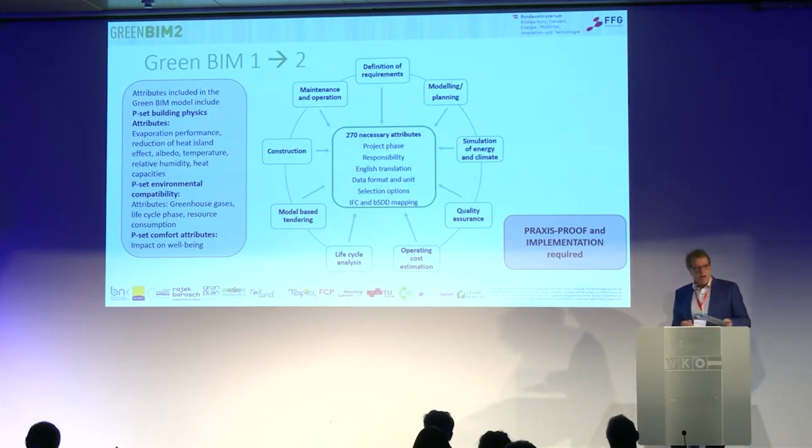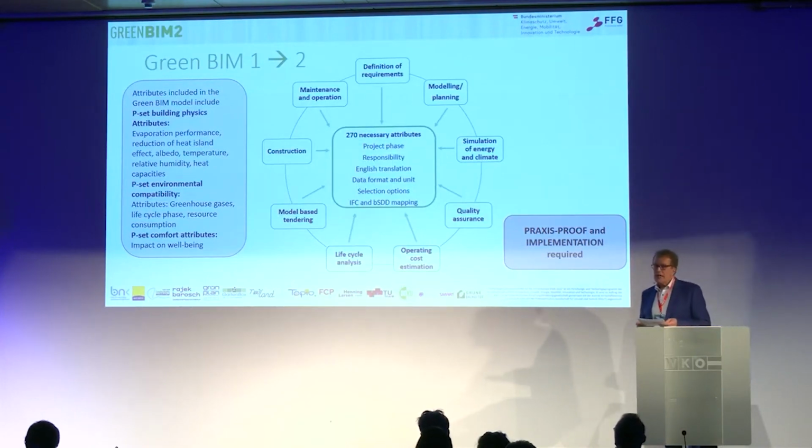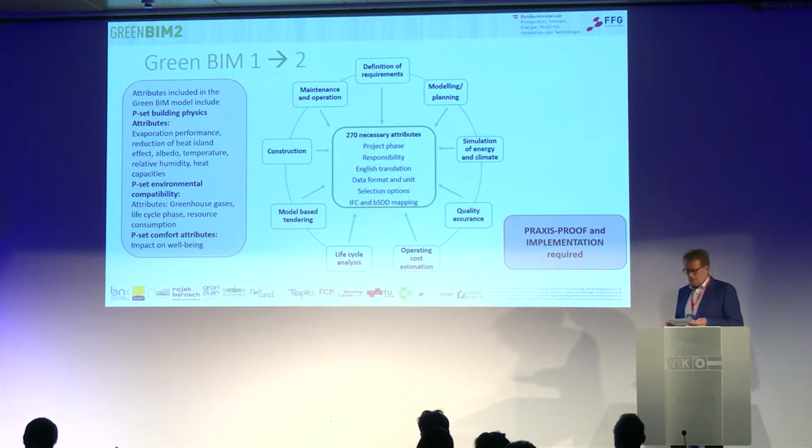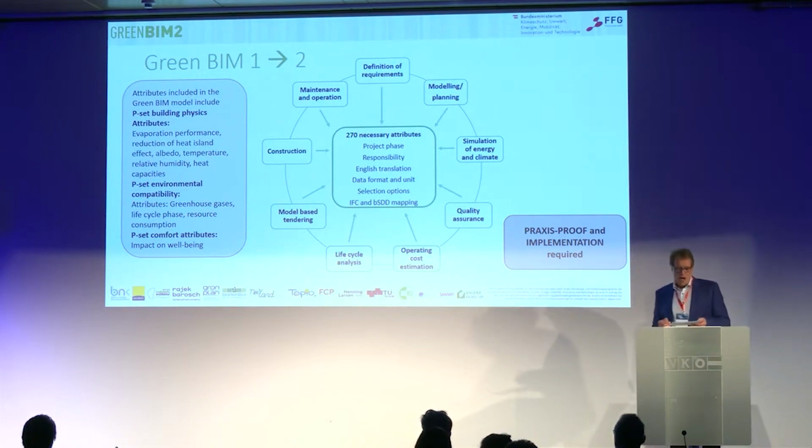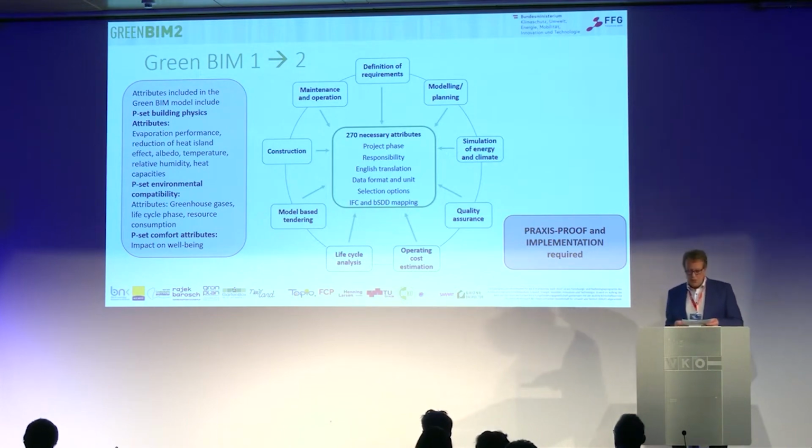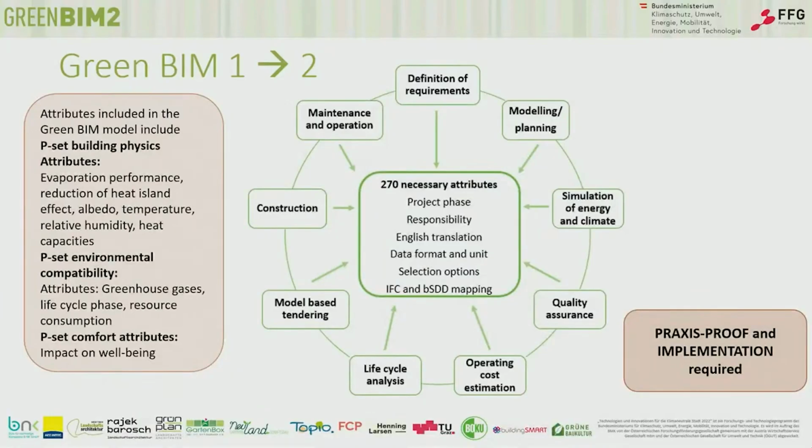We identified 9 relevant BIM use cases in the life cycle of building greening. To meet the information needs of these use cases, about 270 attributes are necessary, as I mentioned before. Each attribute is available with information about project phase, responsibility, unit, IFC and BSDD mapping.